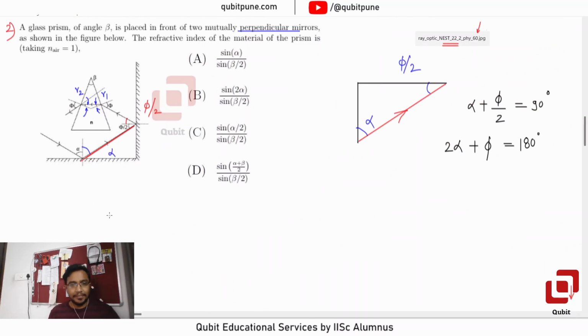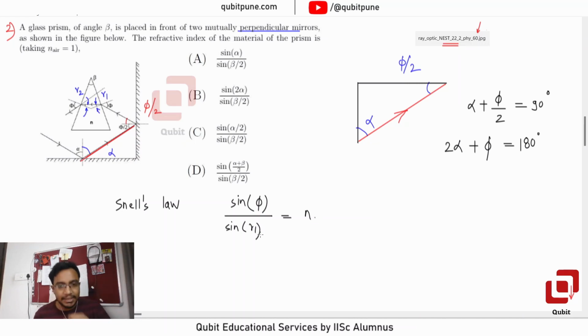And now our job is to figure out the refractive index. Again apply Snell's law. We have to apply it 2 times. First, let us apply it on the right face. So sin phi upon sine of R1 is equal to n, or whatever the refractive index of the material of the prism is.